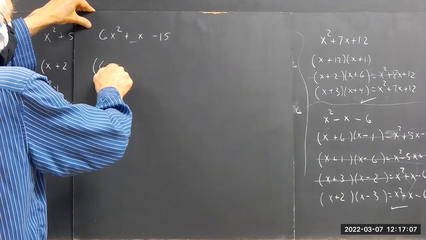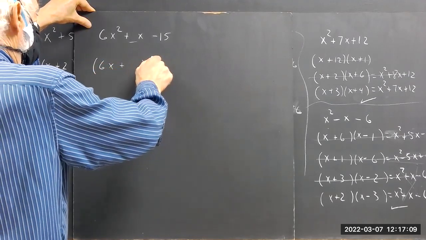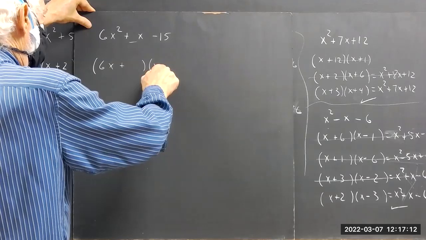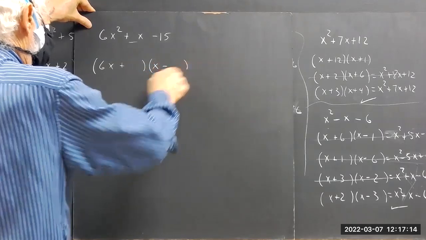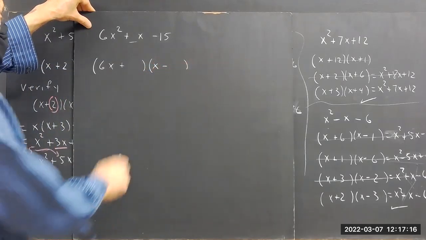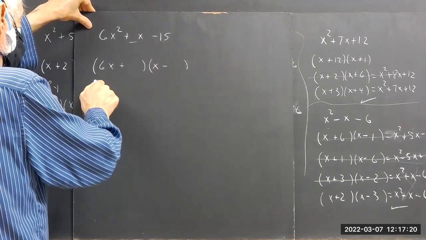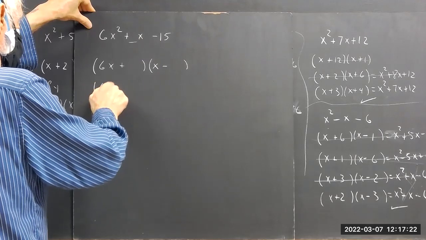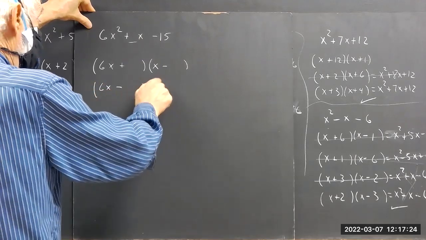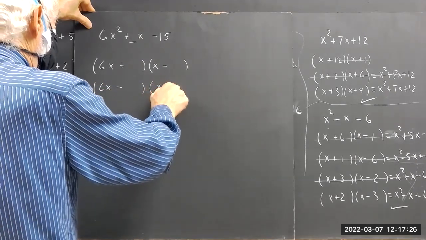We could have 6x plus something and x minus something, right? Where this something and this something would multiply out to 15. Or we could have 6x minus something times x plus something.